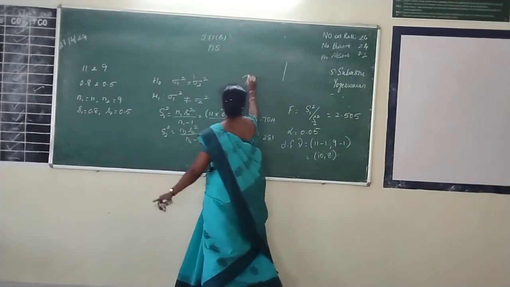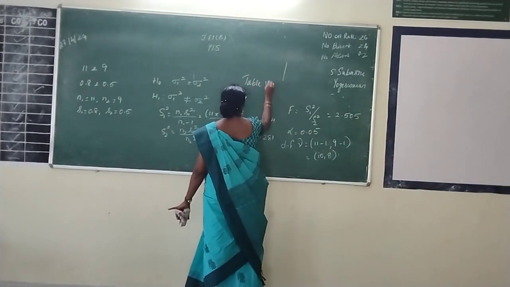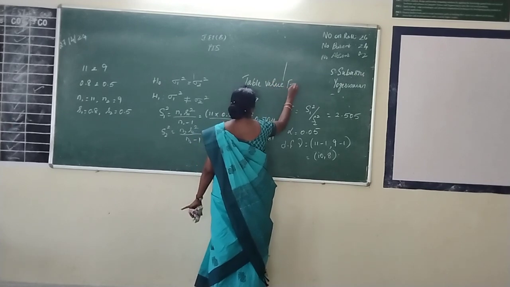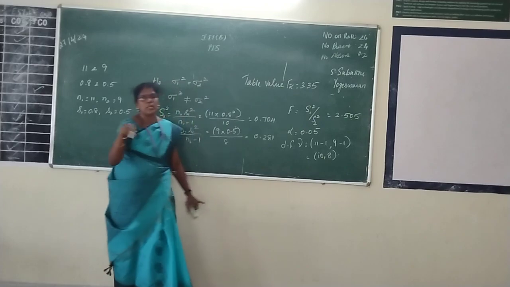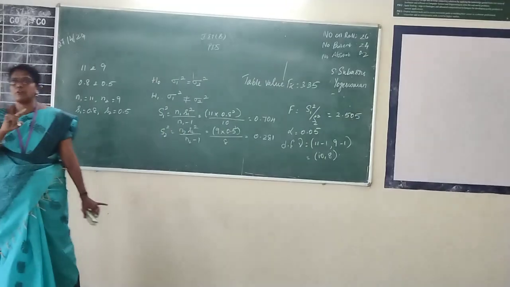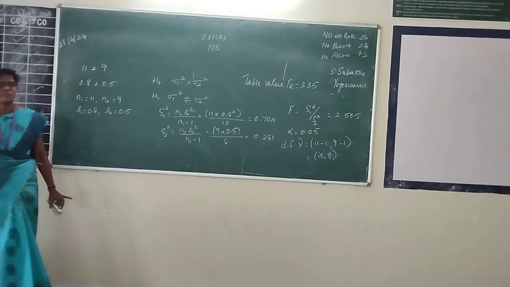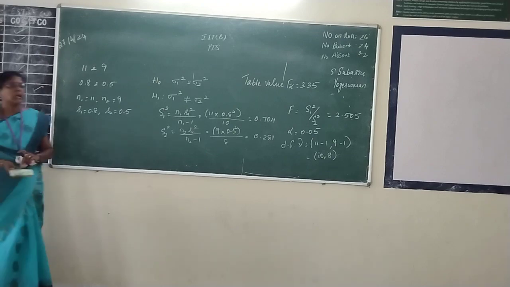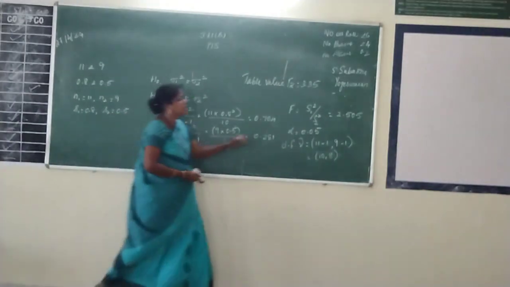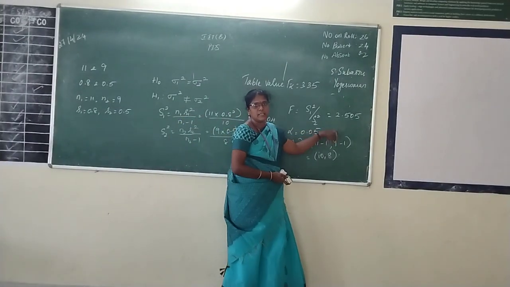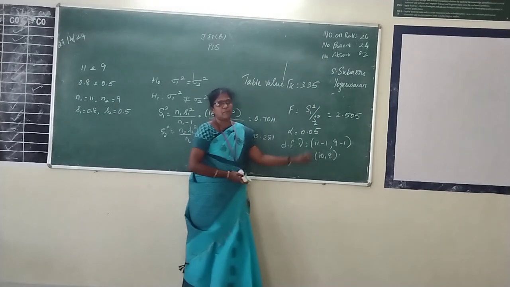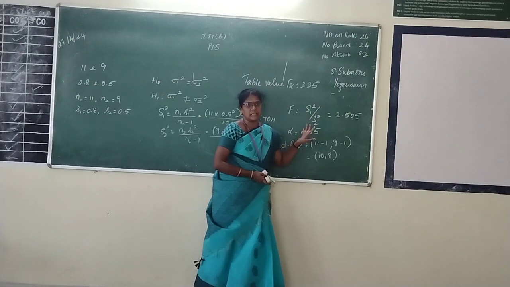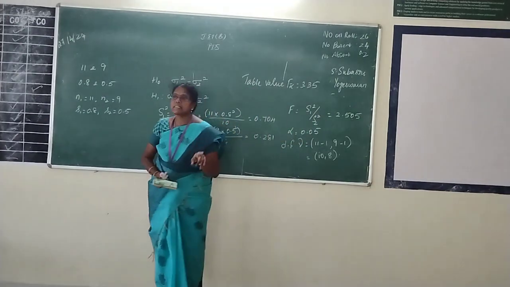So table value, F alpha equal to 3.35. Even if you don't put F alpha it doesn't matter, but you have to write table value. Now conclusion, compare. This is the calculated value. This is the table value. Accept or reject? Accept, because the calculated value is less. So we are going to accept it.